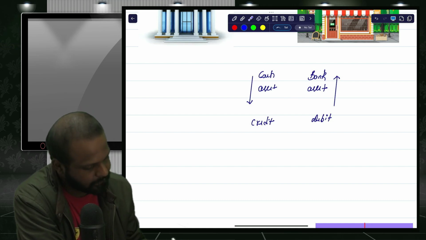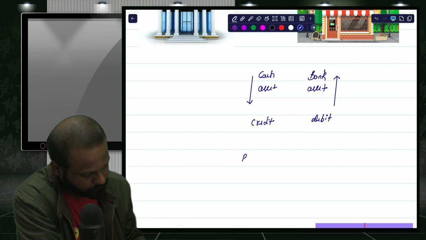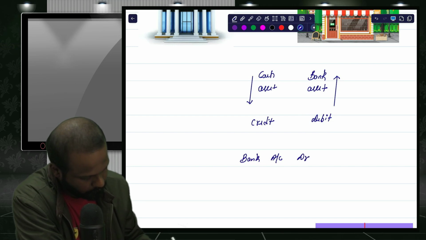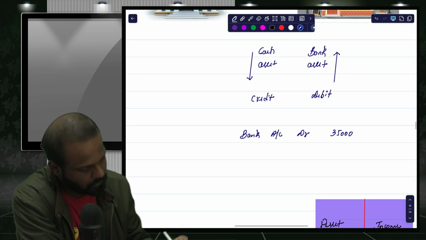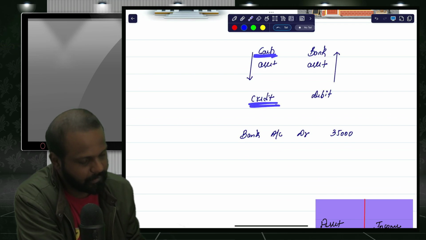So asset increases, we do debit. So bank account will be debit, $35,000. Next, cash will be credited.